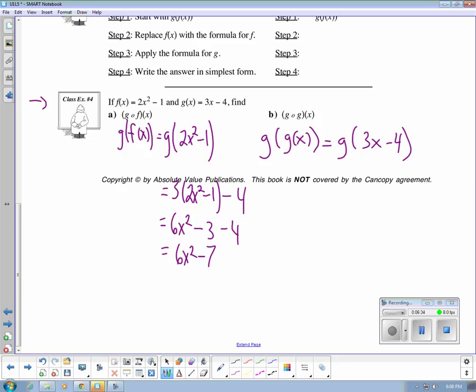And now my instruction says, hey, go back and do that again. Go back to the instruction and go 3 times your x value, which this time is 3x minus 4, and then subtract 4 from that. Now this simplifies into something different. 9x minus 12 minus 4, which is 9x minus 16.